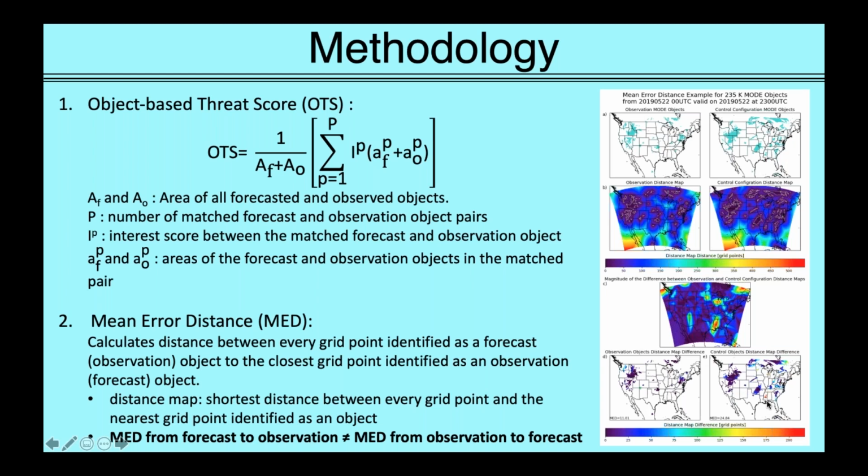One of the places to highlight is over Mississippi, where we had a control distance map of very little, but we had a much higher distance map for the observation object. So therefore, this is a distance map difference of 175 grid points, whereas a lot of these purples are between 0 and 1, or 0 and 25.